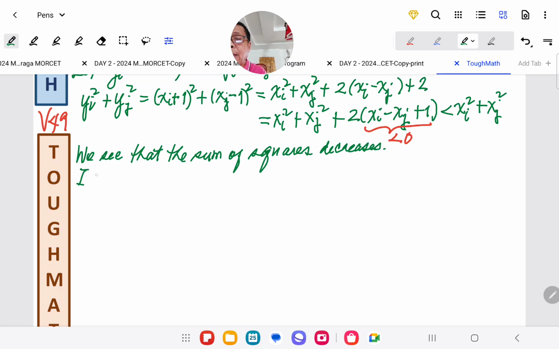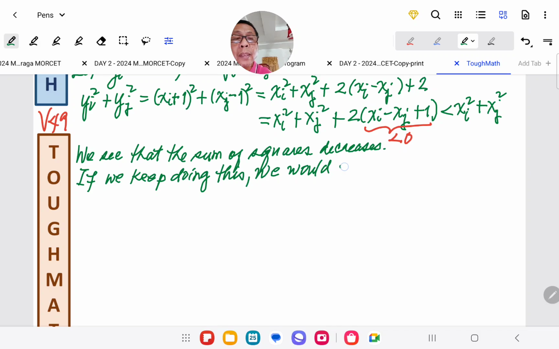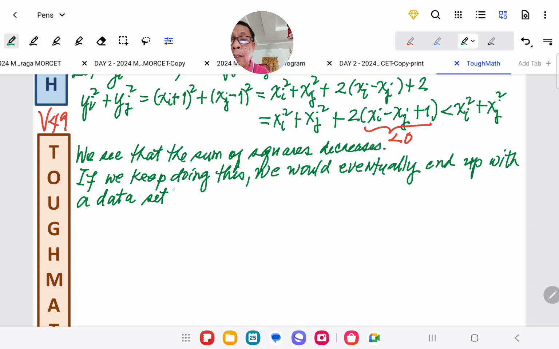And if we keep on doing this, we would eventually end up with a data set whose range is small.